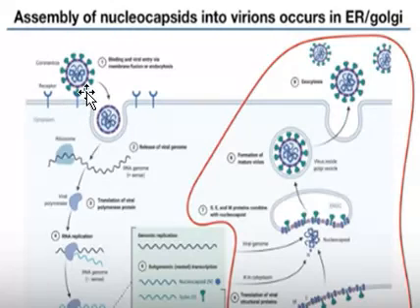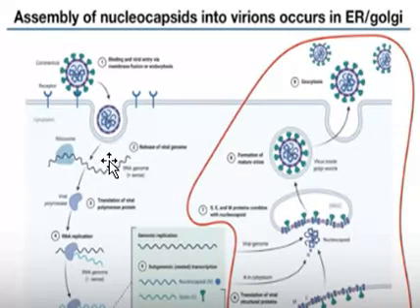Once it is attached, there's another cleavage, and it removes the upper superficial part of the spike, and the inside part can attach to this membrane and enter into the cell. Then it releases its mRNA here.